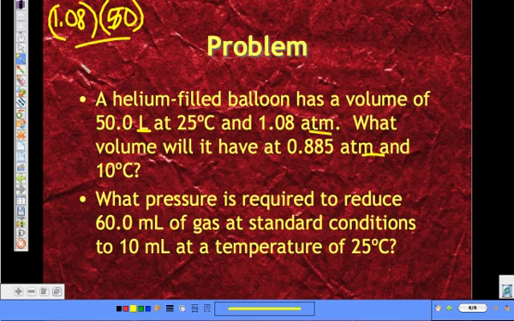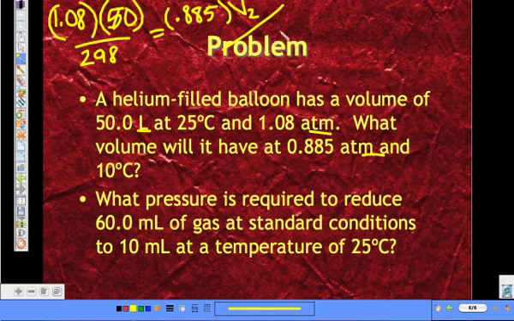What's T1? 298. What's P2? And V2? We don't know that. Okay, we have V2 then. T2?